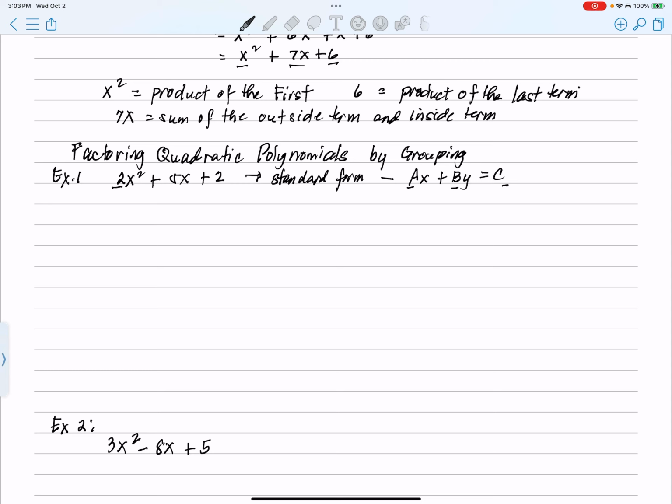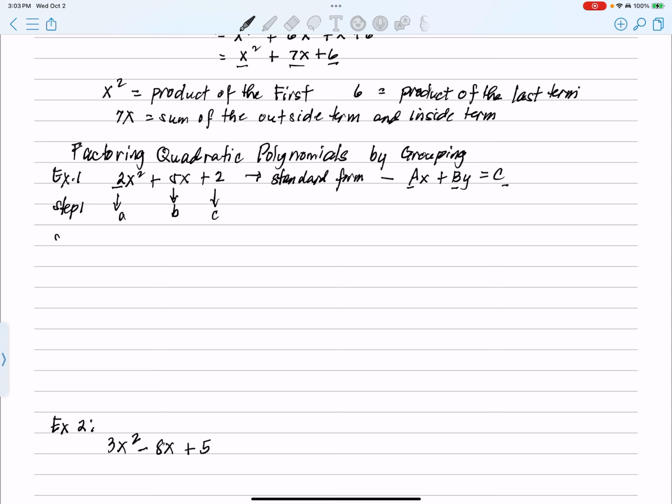So if we try to identify, our 2 there is a, 5 is b, and c is 2. Alright. After knowing our a, b, and c, I might write this as step 1, rewriting it in standard form.